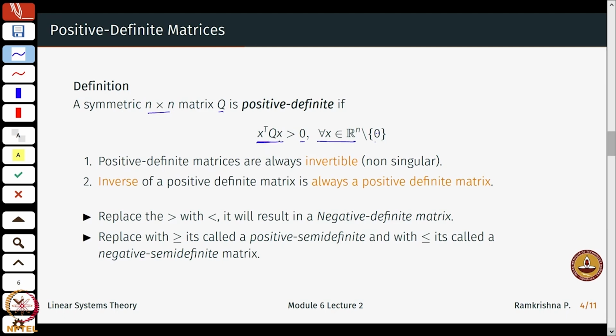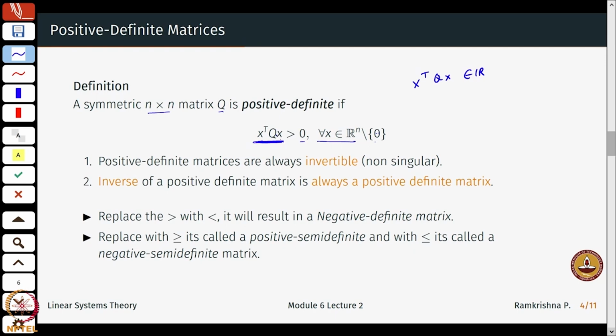Well, if I go by the definition, I may have to check all possible vectors in R n and verify that x transpose Q x is greater than 0. This x transpose Q x will be in R, which can be observed quite easily. But I would not want to do this for all x and take forever to check if even a 2 cross 2 matrix is positive definite or not.